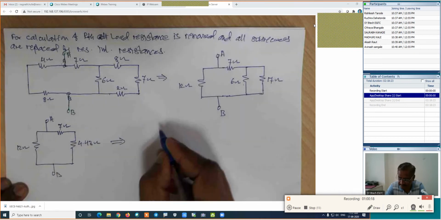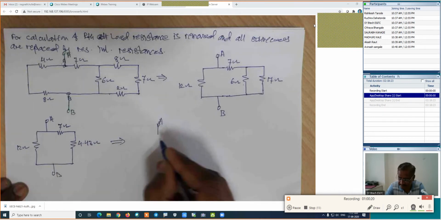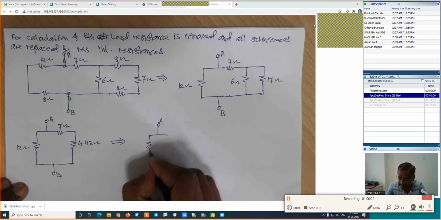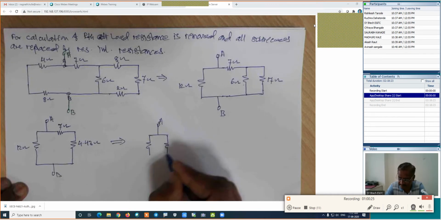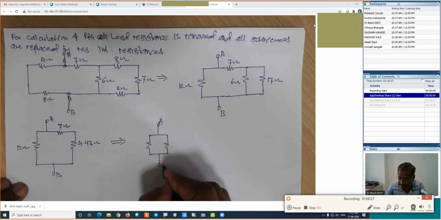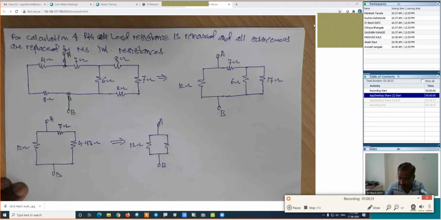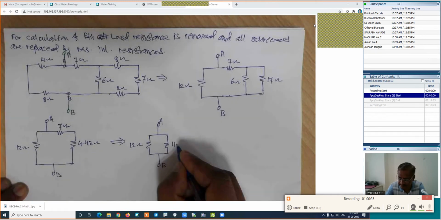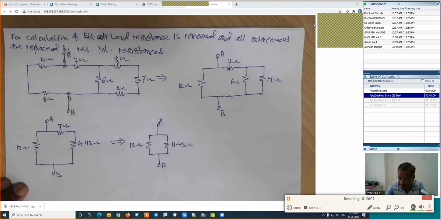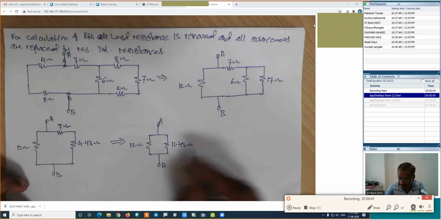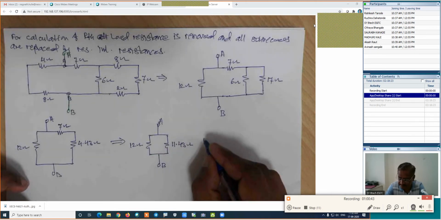These 2 are in series. Here is A point. This is 7, this is another resistance, and this is the point B. Its value is 12, and this value is 11.43, I guess. Now, if we know both values, then RTH is the parallel combination of both.